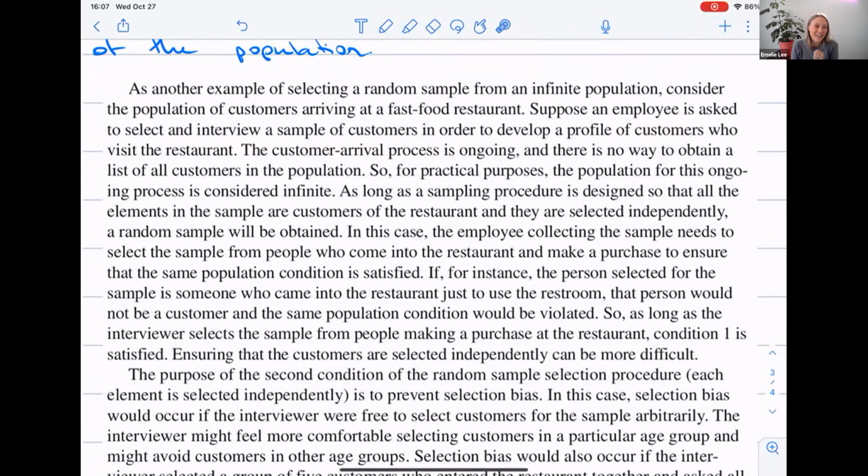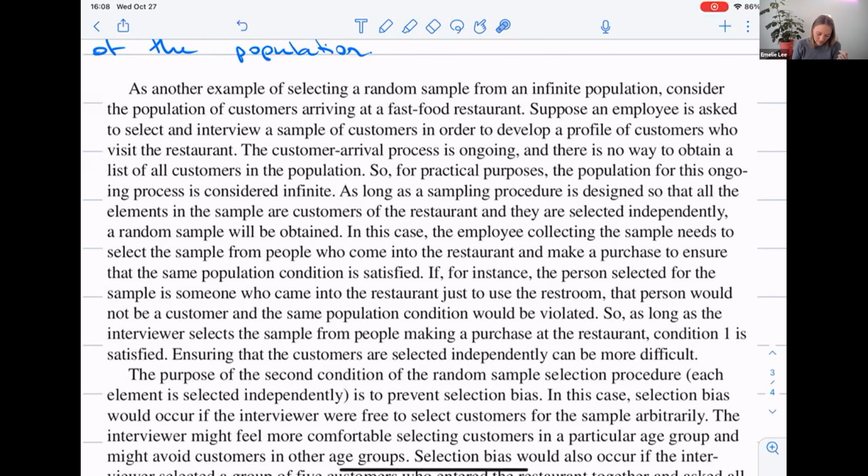Customers come in on an ongoing basis, whenever they want. We don't know who's coming in, and there's no way to figure out a list of all the past, future, and present customers. And so now we have this infinite population.